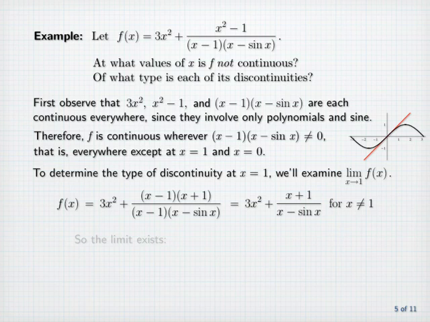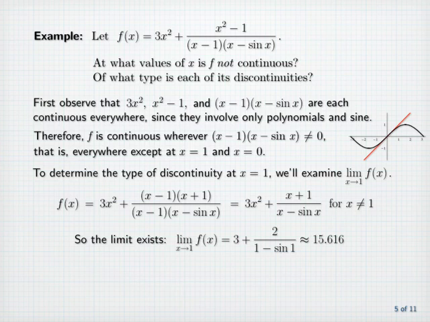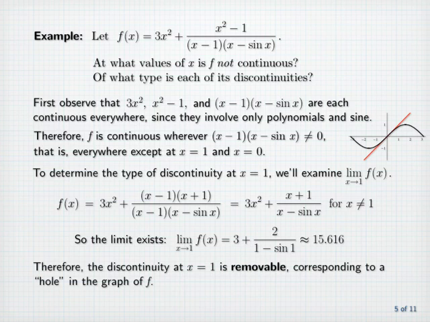So the limit exists. In fact, the limit as x approaches 1 of f of x is equal to 3 plus 2 divided by (1 minus the sine of 1), which is approximately 15.616. Therefore, the discontinuity at x equals 1 is removable, corresponding to a hole in the graph of f.